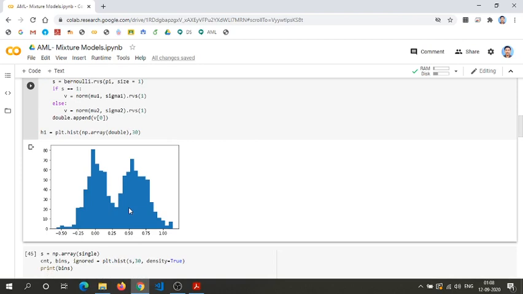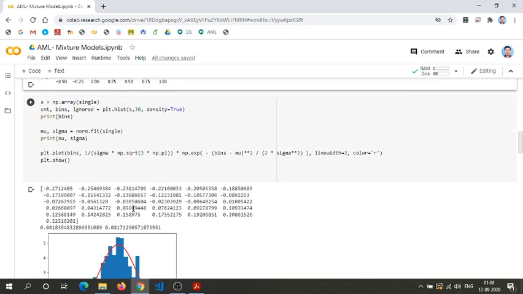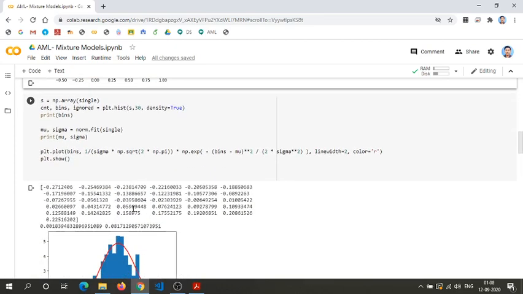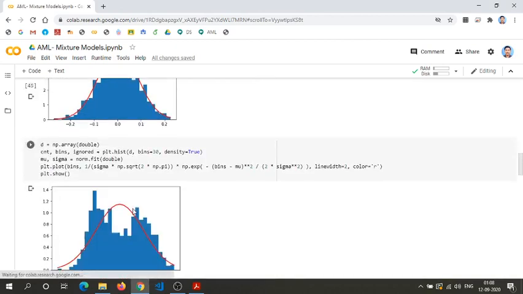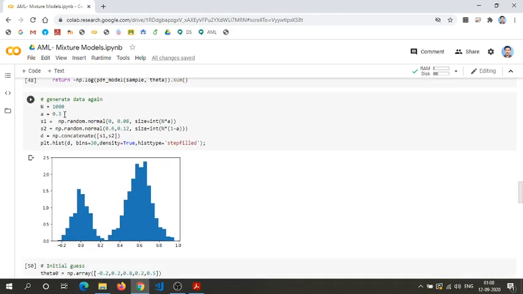Let's see just the opposite case. Generate the data here.